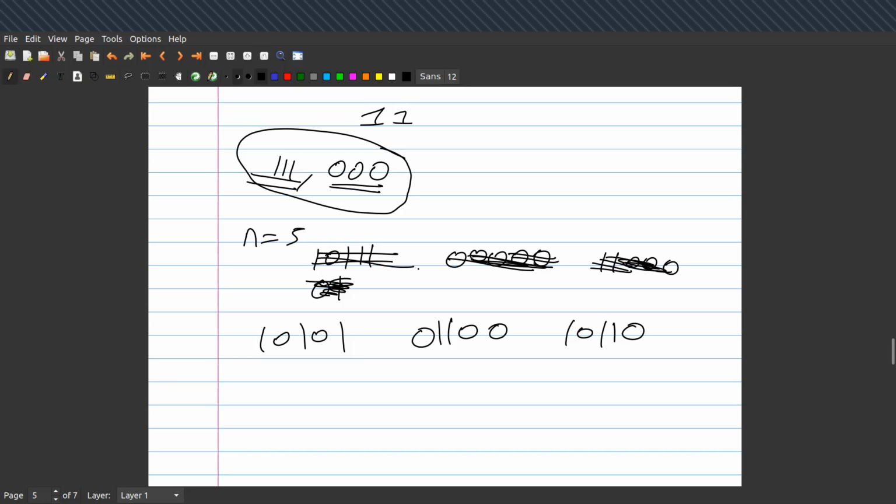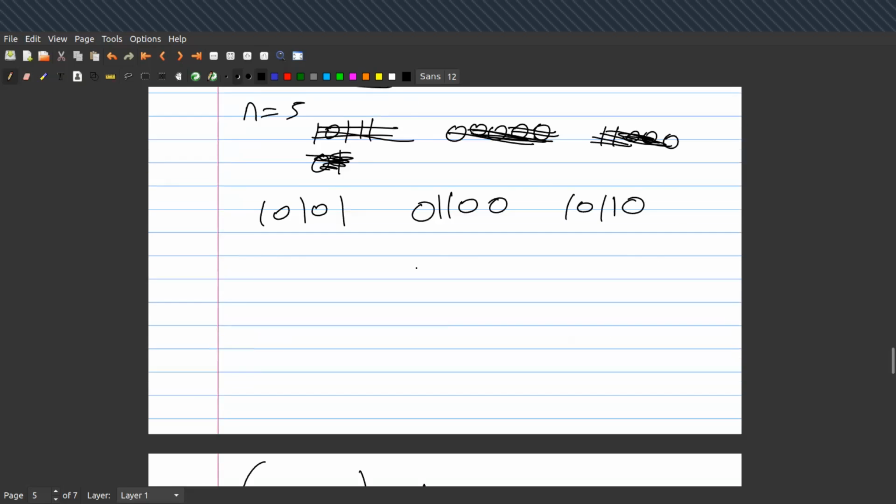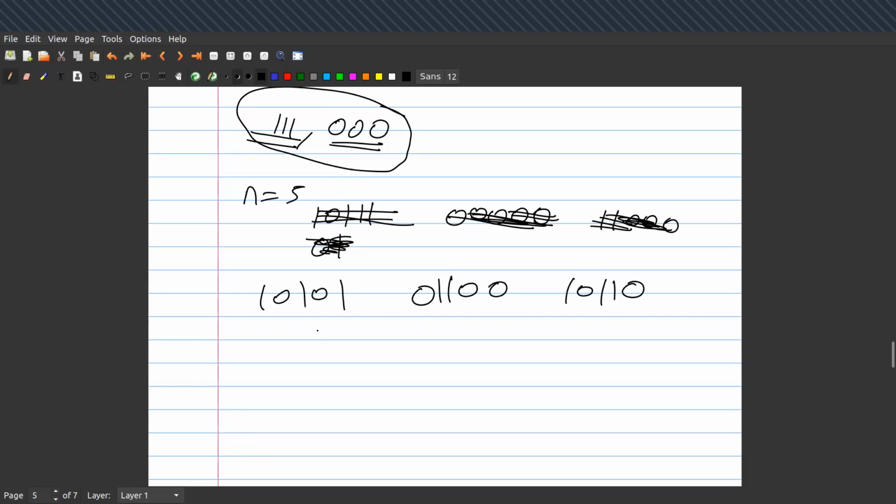I guess so the solution also, I guess. Let's say we know the solution for a k length array.